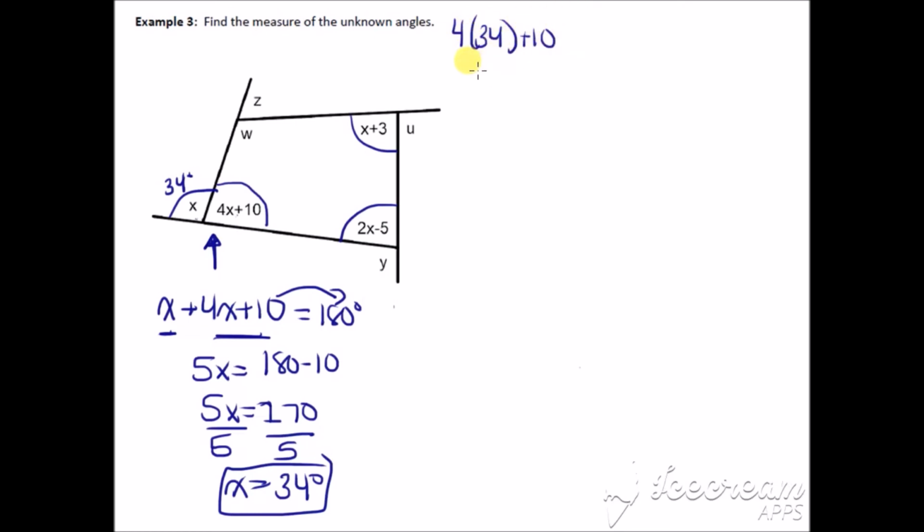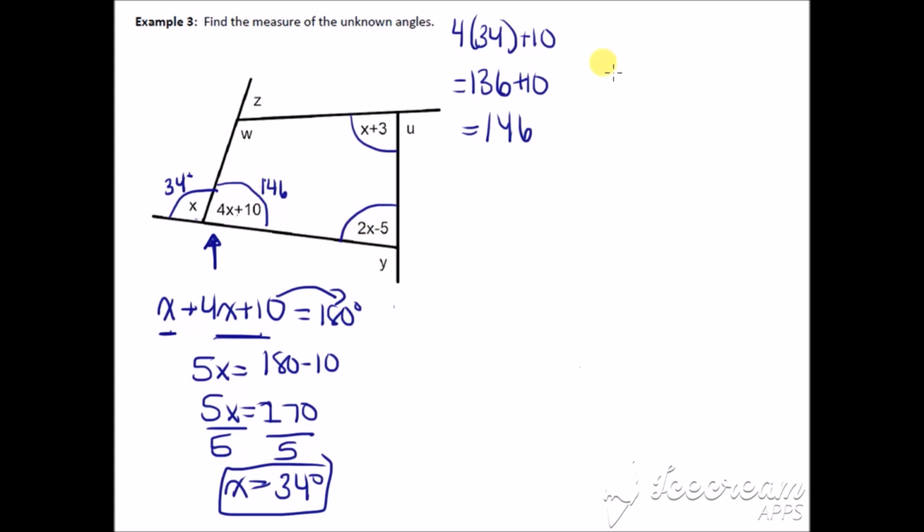That's 136 plus 10, which is 146. Oh, sorry, I did 2 at first. 146 makes more sense, because the double digit I first got, as low as that number was, wasn't going to add up to 180 with 34, and that's how I caught that. 146 plus 34 equals 180. Okay, so those two are done.